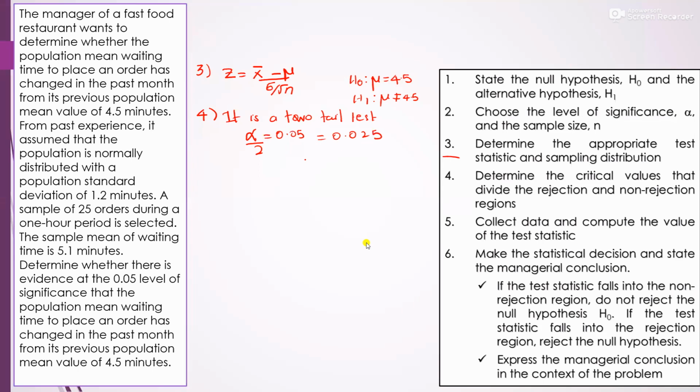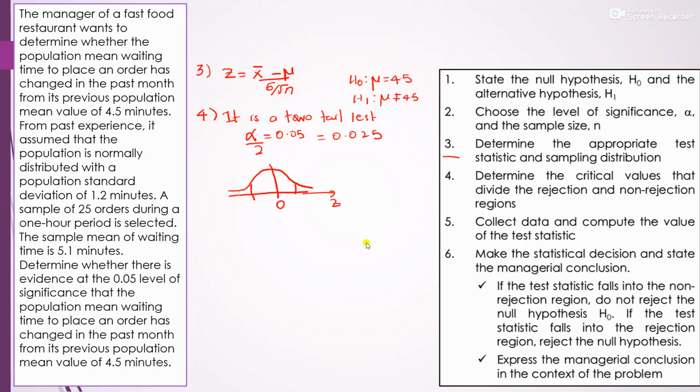Now, according to this, we have to draw a rough diagram. This is Z. As a Z distribution, this value is 0. This is 1 and this is minus 1. This is Z alpha by 2, and this is symmetrically minus Z alpha by 2.